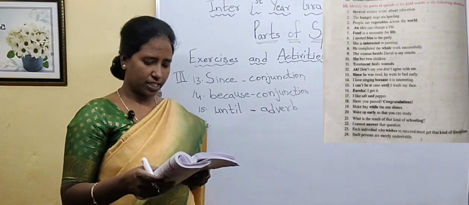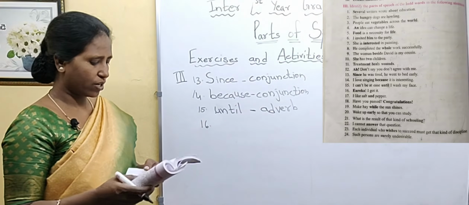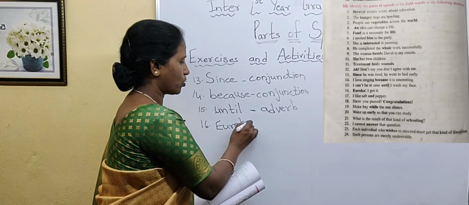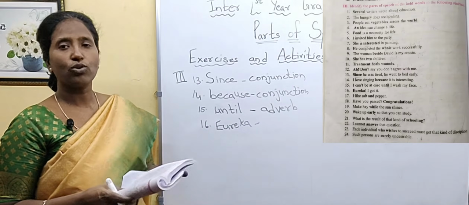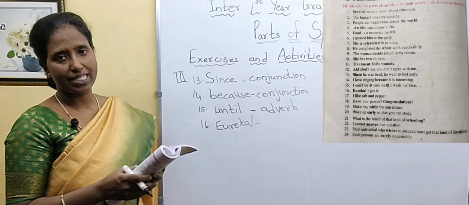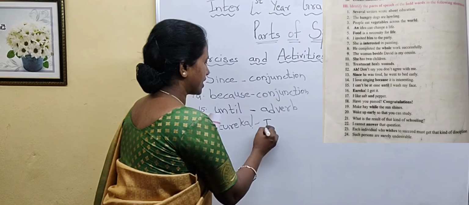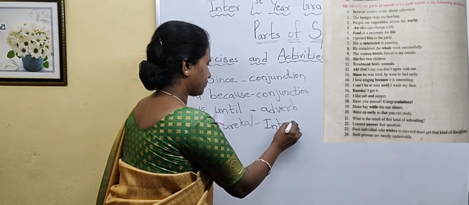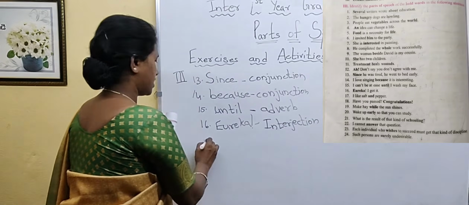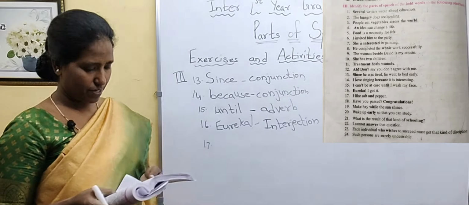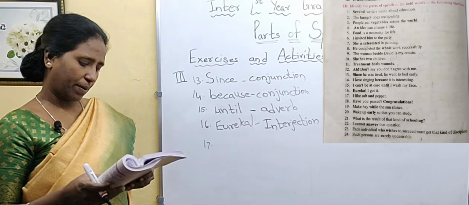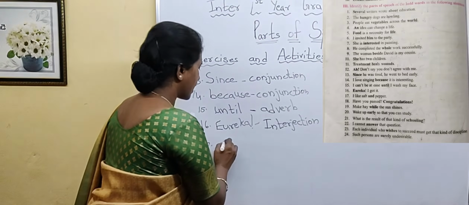Okay, and to the 16th one, Eureka, I got it. It is Eureka, not Sureka. Immediately after Eureka, you have the exclamatory mark. So it is an interjection. Where do we find this Eureka? It is with the Archimedes principle. Then I like salt and pepper, and is the conjunction.